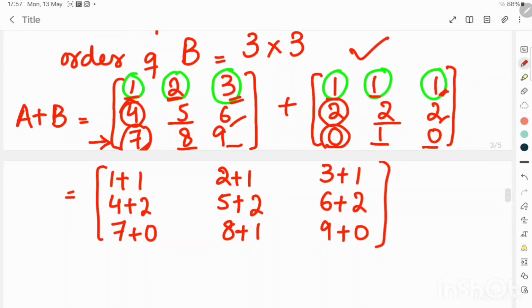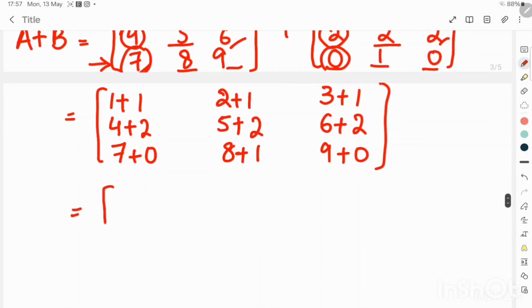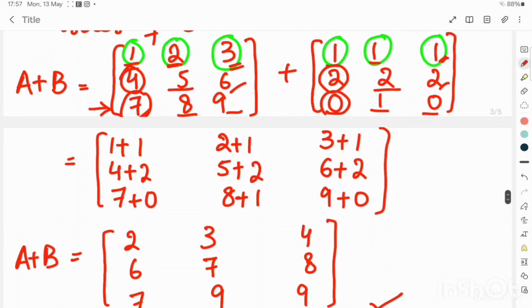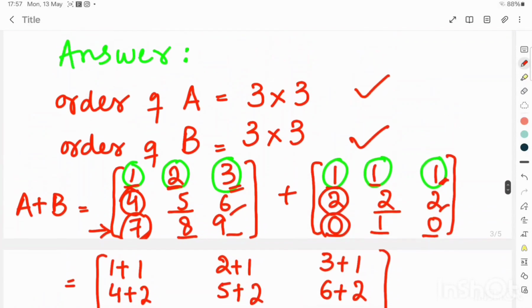So student, what comes here is 1 plus 1 is 2, 2 plus 1 is 3, 4, then 6, 7, 8, 7, 9, 9. So student, this is the final answer of the matrices. When we add both matrices, we get a single matrix as our answer. Okay student, so this is the procedure which is used to find the addition of matrices.